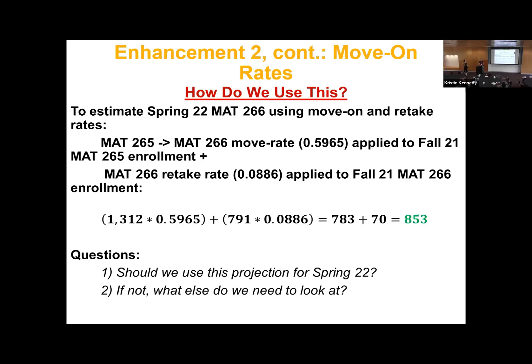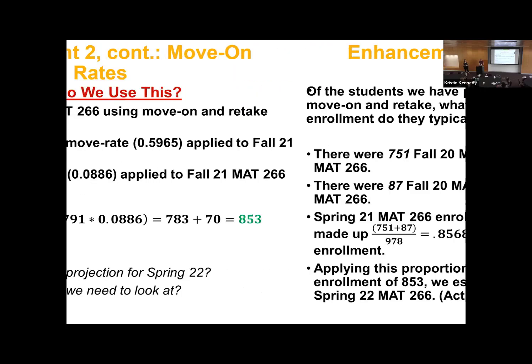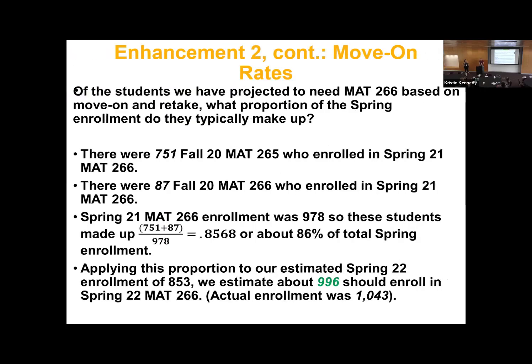But is that the solution to our problem? Do we think it's going to be 853? Anybody know if that would be the end of the projection, or is there anything else? The answer is no. Because if we look at spring 21, what proportion of the spring 21 enrollment do those students typically make up?